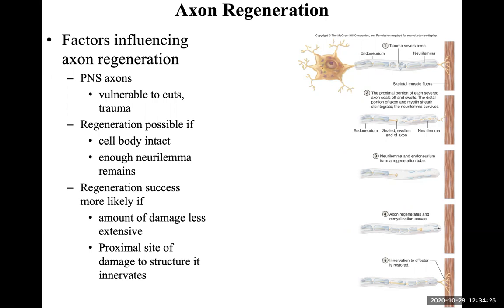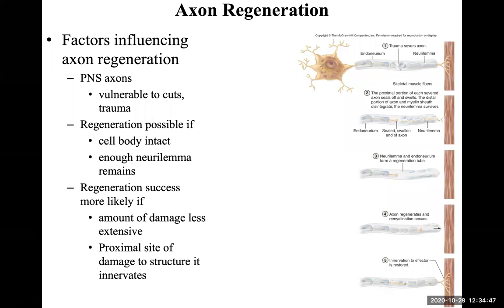Again, for the most part, as long as you have that cell body intact, you will likely get successful regeneration. Regeneration is clearly more likely if there's less damage, and it's also more likely if the damage that occurs is closer to the site that is being innervated.